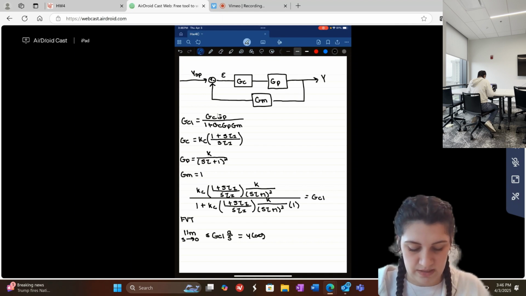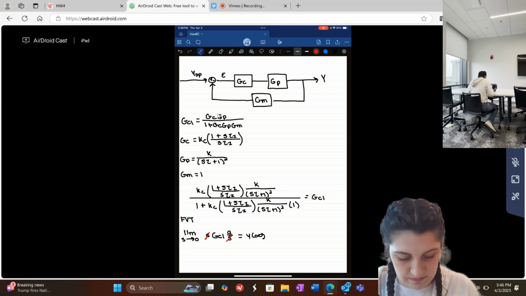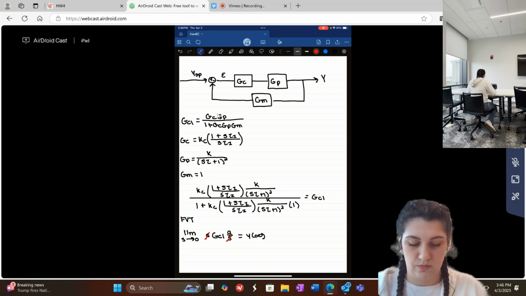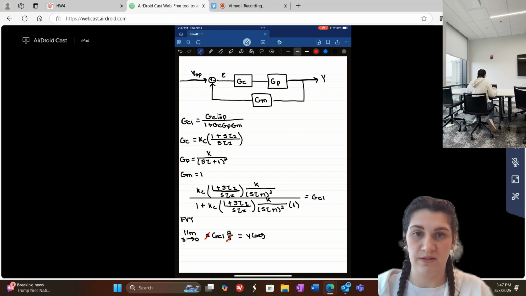And from here we can see that these two S's cancel out. And what we want to do now is take our big long function GCL and put it into our limit.